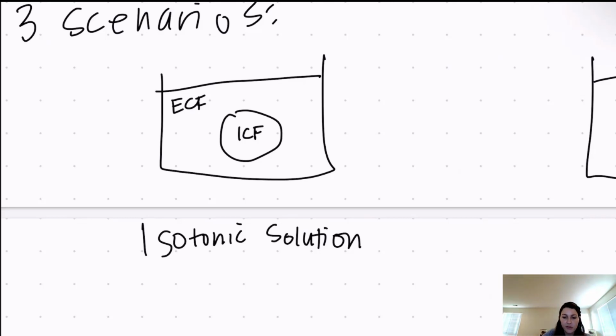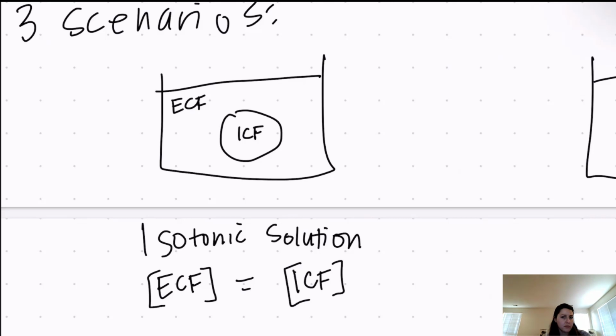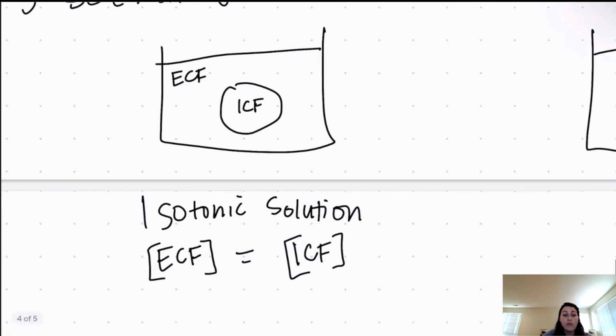So the isotonic solution means that the ECF concentration, and shorthand for concentration, just so you know, are like brackets, the ECF concentration of solutes is equal to the ICF concentration of solutes. Things like salt, like I could say sodium chloride, the concentration across that membrane is equal, which means that the water concentration is also equal.